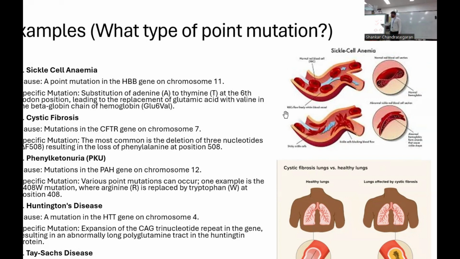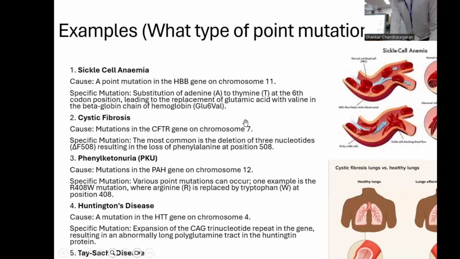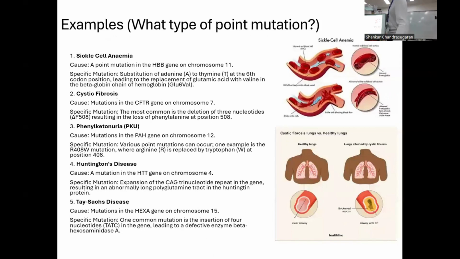The blood cell suddenly looks like a C. And this is all due to one point mutation happening at the HBB gene on your 11th chromosome, where the substitution of the adenine into thymine at the 6th codon position leads to the replacement of that amino acid with this amino acid, and that in turn causes every protein that emerges from that gene to have this mutation and emerge with a red blood cell that looks like a sickle cell.